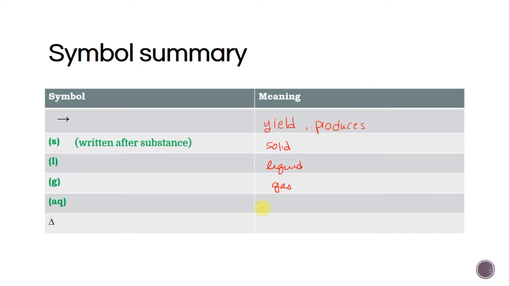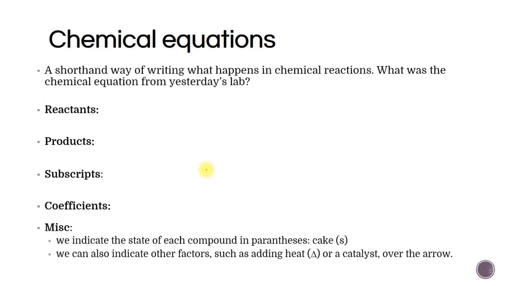And AQ means dissolved in water. Okay. Finally, the triangle means heat. So I showed you an example earlier, the KCl decomposition, where you put the heat over the arrow, and that shows that the reaction doesn't automatically go all by itself. You got to put in a little bit of energy first.